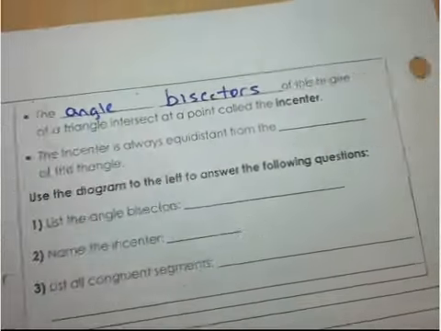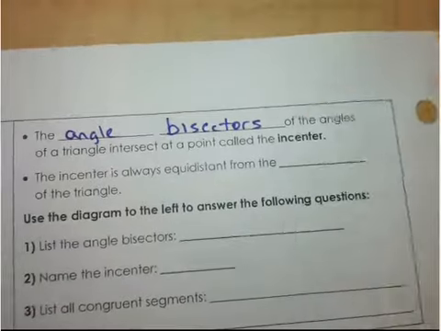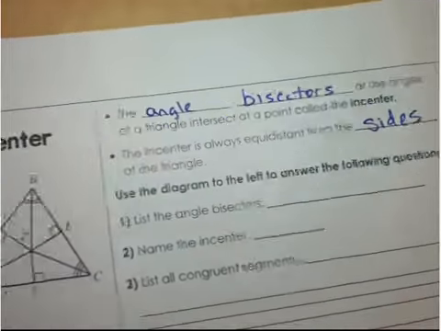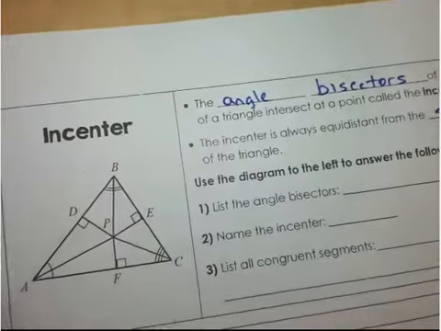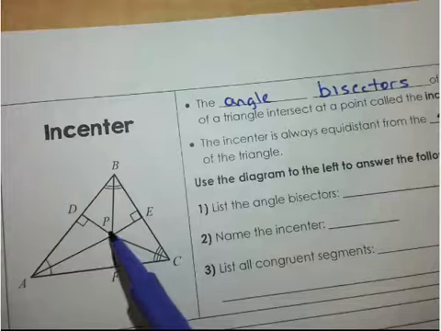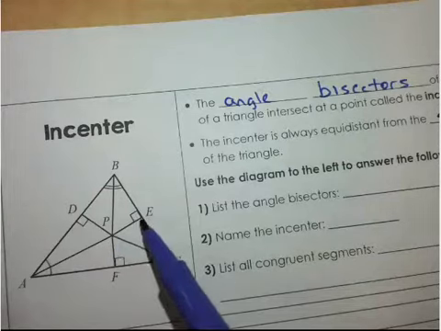The incenter is always equidistant from the sides of the triangle. So once I recognize that I've got this angle bisector, what we're saying is that the incenter is always equidistant from the sides. These are the sides.